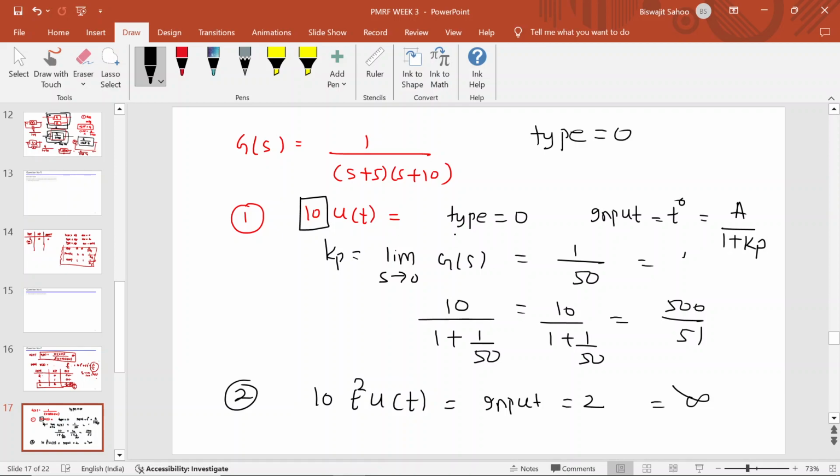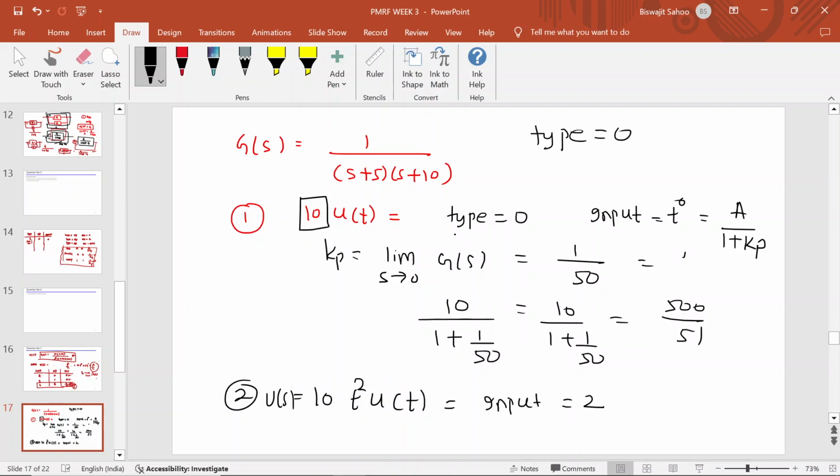You can see your input U of s. You need to find the Laplace transform of this one. Then you need to find E of s by your input U of s. Then you take the Laplace transformation, put s equals 0, and you can solve it this way.